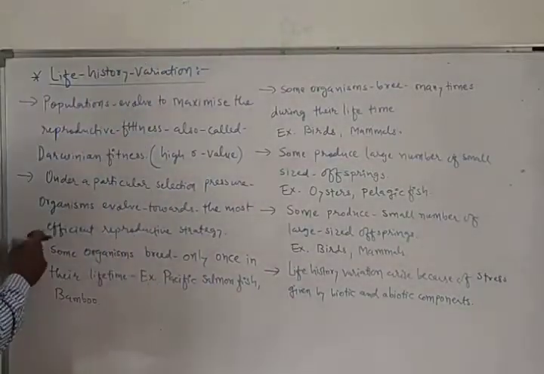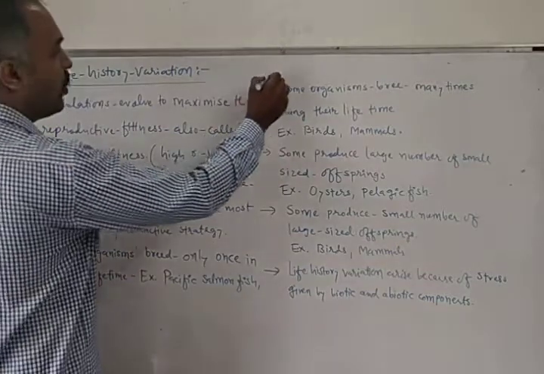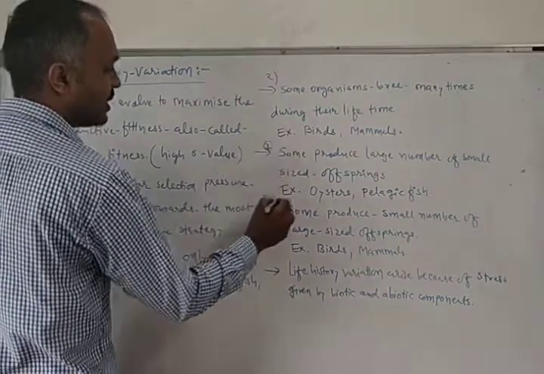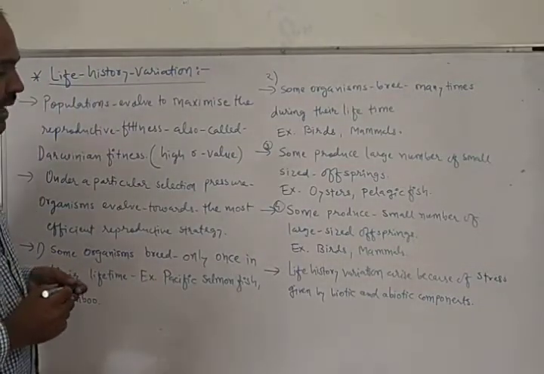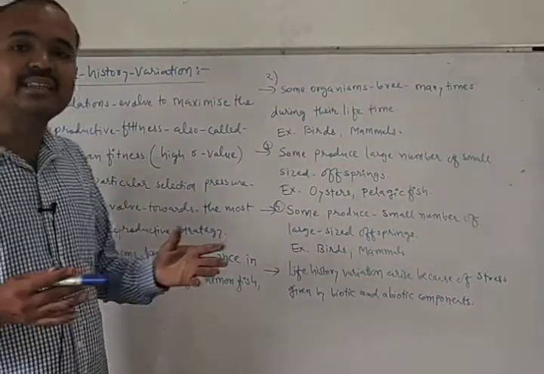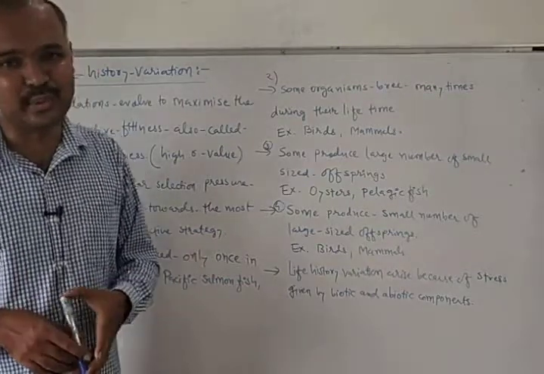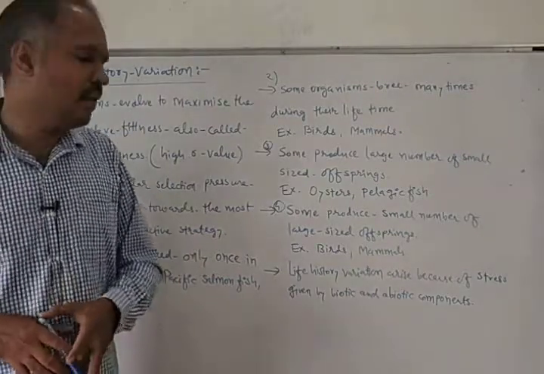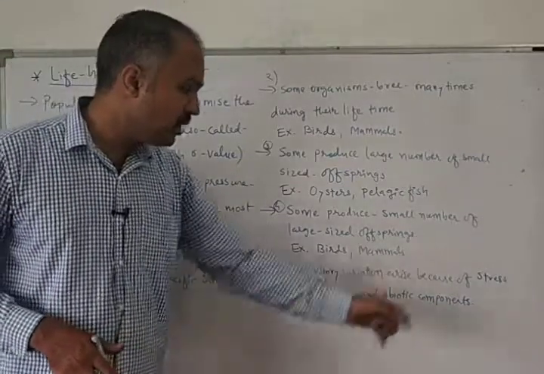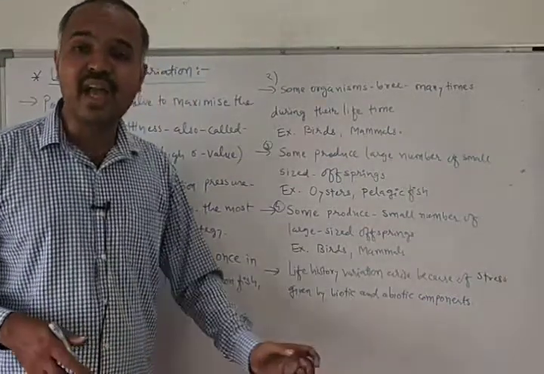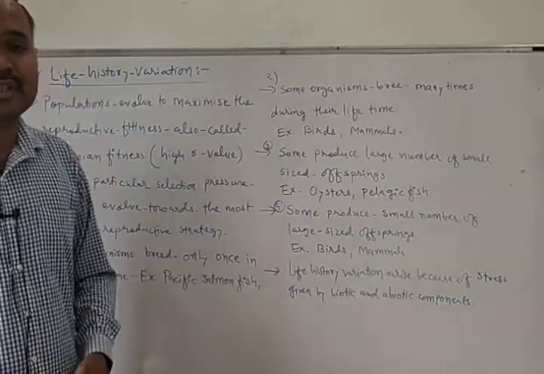This is number one, number two, number three, and number four. So four different types of reproductive strategies are explained in this topic, and this is known as life history variation of the organism. These life history variations arise because of the stress given by various abiotic and biotic factors of the habitat.